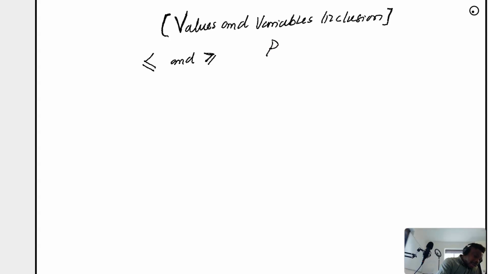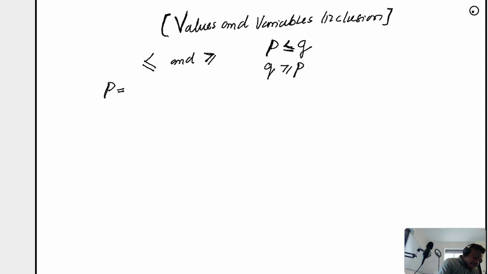Let's assume our P is less or equal to Q and our Q is greater or equals to P, right? Because if P is less or equal to Q, that means Q is greater or equals to P. But I'm going to explain the inclusivity here now.